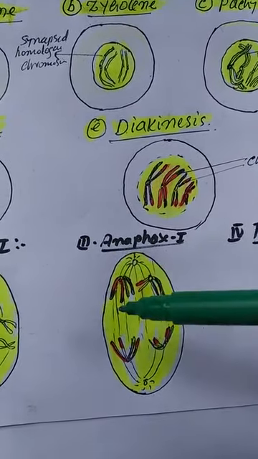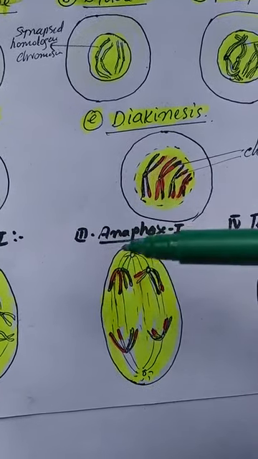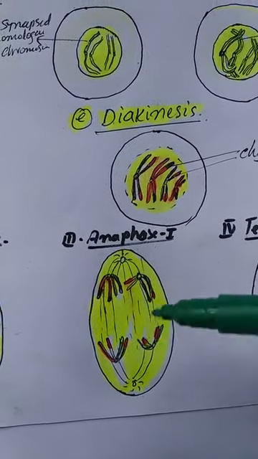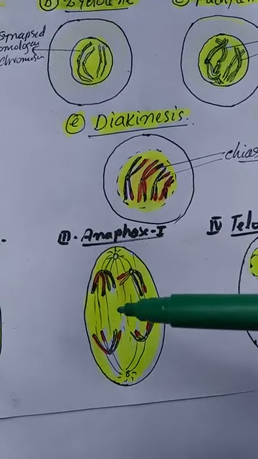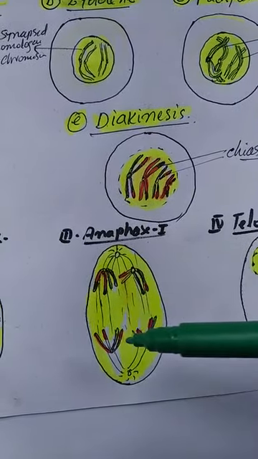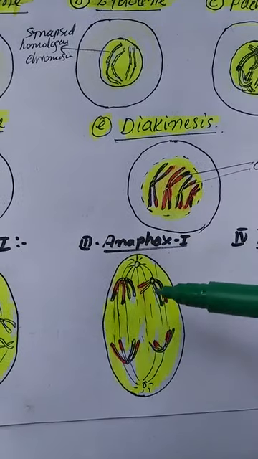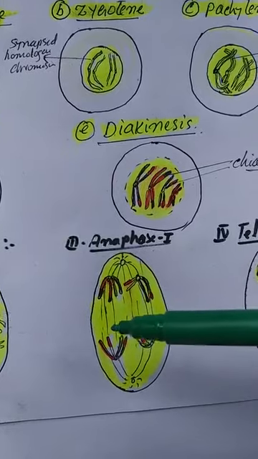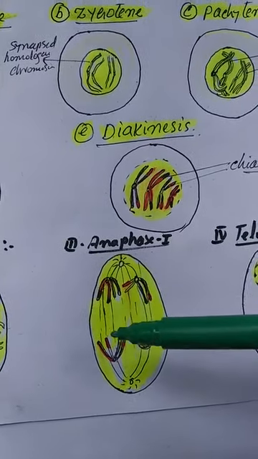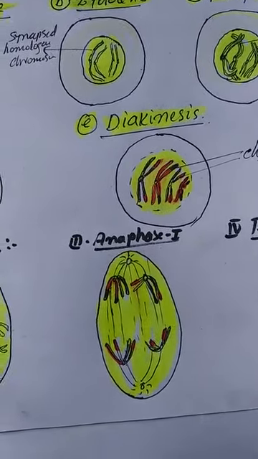During this stage, the members of every homologous pair of chromosomes start separating from each other and start moving to the opposite poles of the spindle. The centromeres, as you can see, do not split at this stage, and the number of chromosomes becomes half the number of chromosomes of the parent cell.